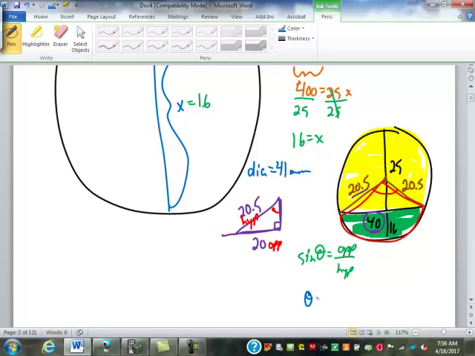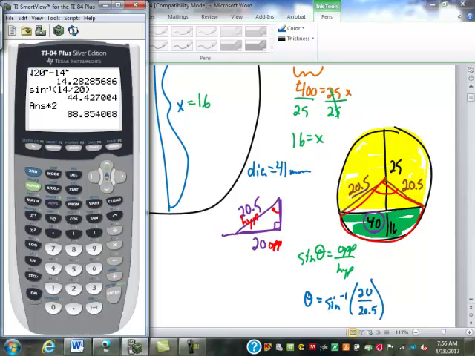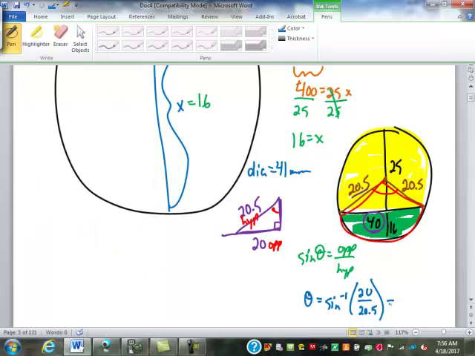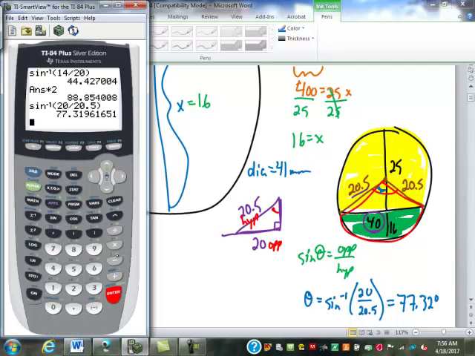So my angle is going to be the inverse sine of 20 over 20.5, which means it's going to be really close to 90. 77.32 degrees. So that 77.32 degrees is half that angle, so I'm going to find the whole thing by multiplying by 2. 154.64 degrees.